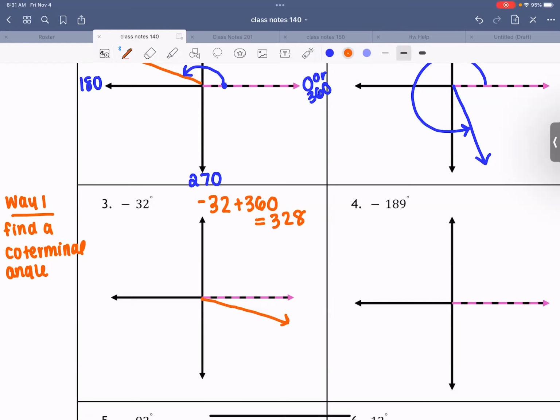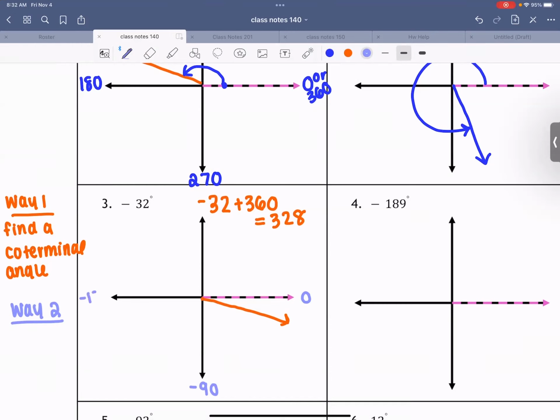Okay, now another way you can draw this, so I'm going to say way number 2, is what I've seen people do in my last class, being like, okay, I can read the unit circle backwards. So I can start at 0, but instead of going counterclockwise to measure my angles, I know that this is negative 90, right? Going clockwise instead of counterclockwise.